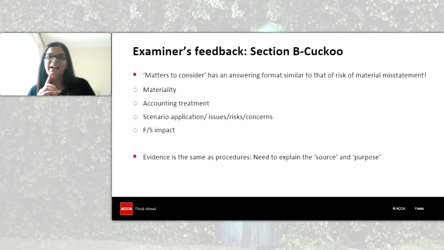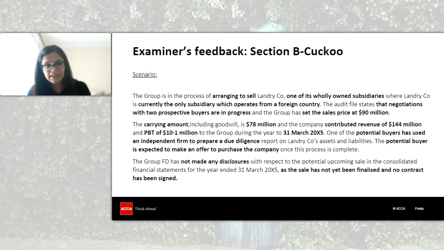This is something I'm quite particular about. A lot of you would miss out on the marks if you don't cover the what and the why. So as you write down your procedure or evidence, please make sure you write the source and what you're confirming from that source.